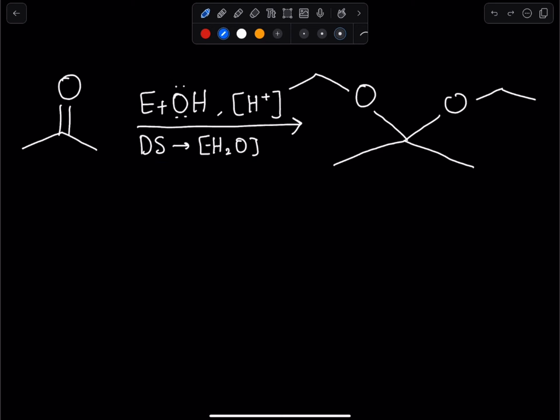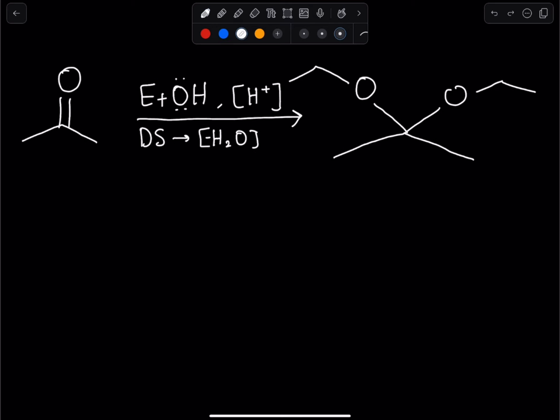But notice how we have oxygens. We had a single oxygen double bonded to the carbonyl carbon in the reactant. In the product, we have that carbon, but it's attached to two oxygens, each of which has an ethyl group on it. That ethyl group comes from the fact that in our reagents we used ethanol, which has an ethyl group on that OH.